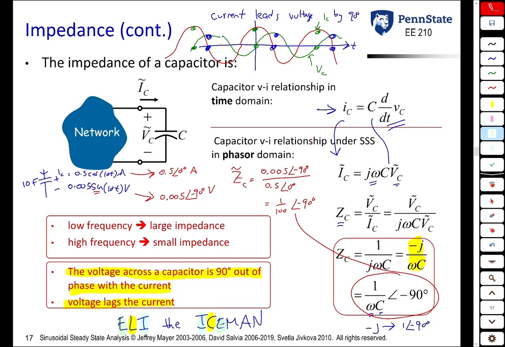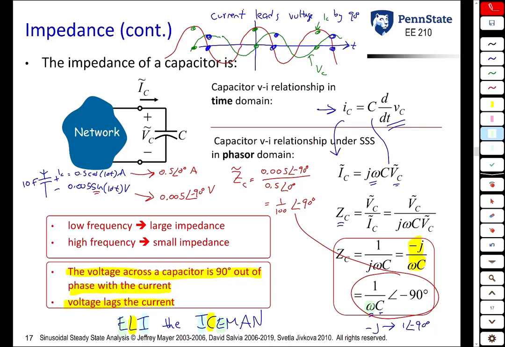The other property, and the more important of the two properties, is the fact that the voltage across the capacitor is a function not only of the current magnitude, but also the current frequency. Because this omega is in the denominator, for a given current, the larger the frequency, the smaller the voltage, or the smaller the frequency, the larger the voltage.